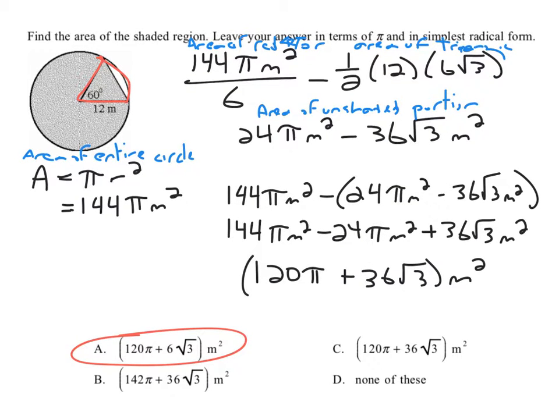Then doing the area of the entire circle, this right here, minus the area of the unshaded portion, this right here, and then distributing that negative through and combining the like terms to simplify, because they're both in terms of pi, you get the area of the shaded portion. That's a cool problem. Hope that made sense to you.